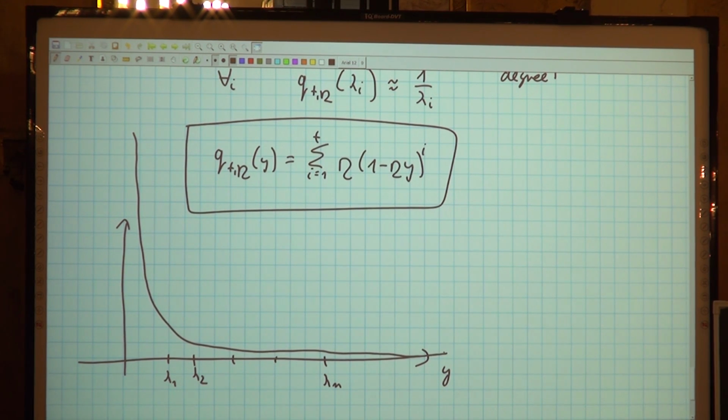What we would like is a polynomial that moves close to these points, so that for every one of these interpolation points it is close there, but it should be of degree t.